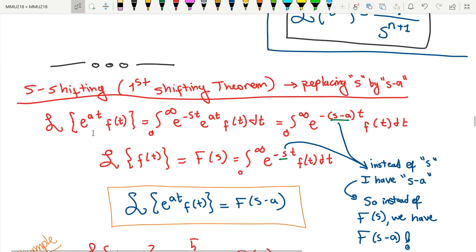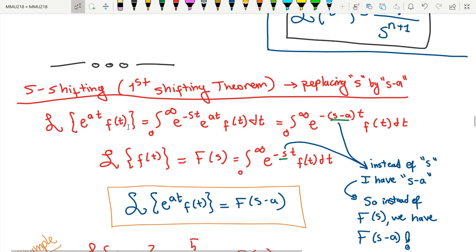So I'm going to claim that the Laplace of an s shifted by a can be represented on the left-hand side, in the time domain, by a function with an e to the power at f of t.